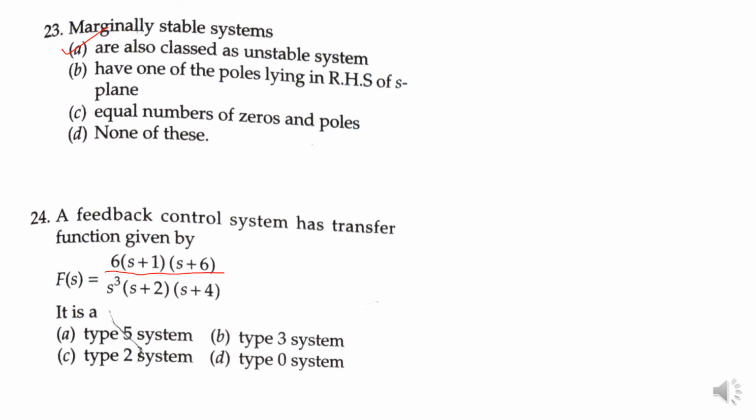A feedback control system has a transfer function given by... It is the type 3 system because the number of poles at the origin in the denominator is 3. So this is the type 3 system.